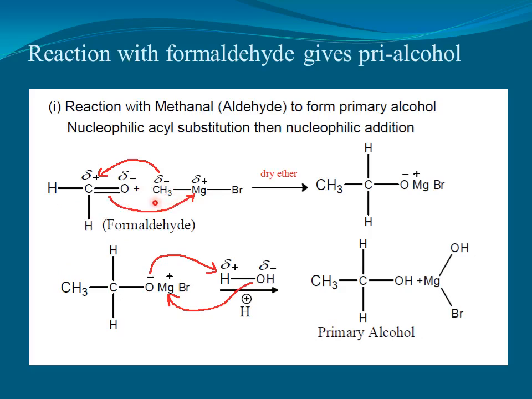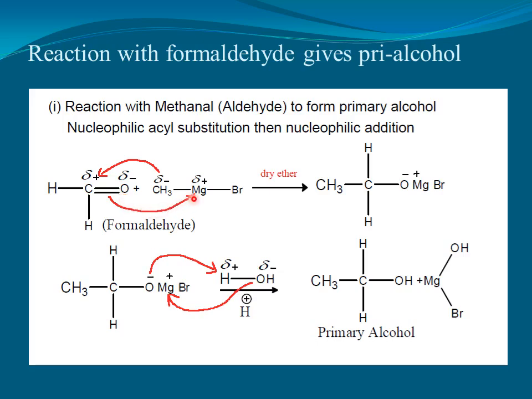This carbon bearing a partial negative charge is going to attack this electrophilic carbon center of the carbonyl functional group, and as a result, this pi bond is going to be broken down, reside on oxygen as a negative charge, and that negative charge is going to attach with this magnesium.